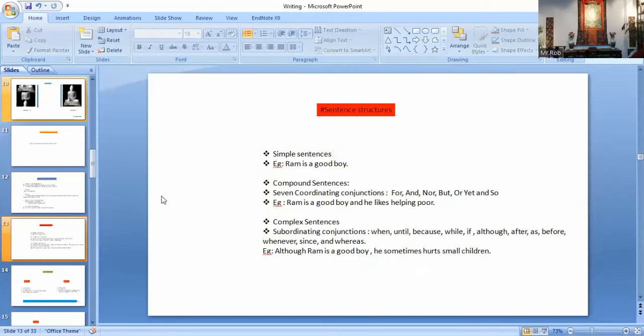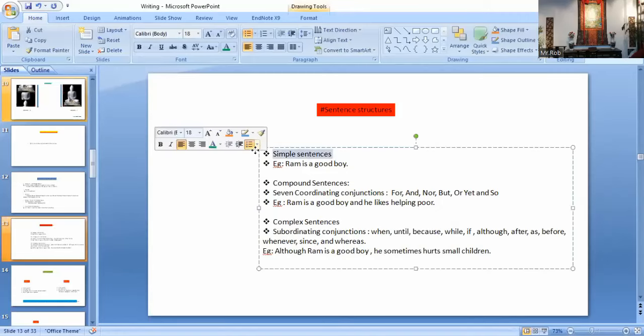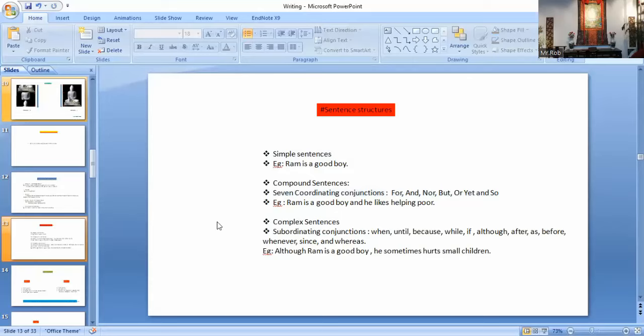Whenever possible, you have to try to use different types of sentences in your writing as well as in the speaking section of an IELTS test. Try to make use of different forms of sentences and don't make your speech monotonous by focusing on just simple sentences or only compound sentences.